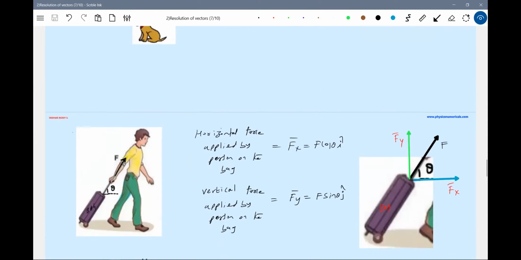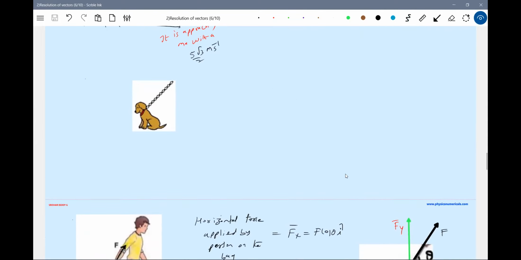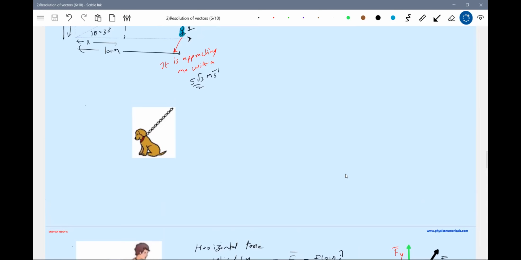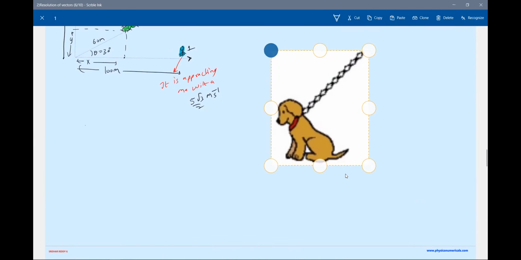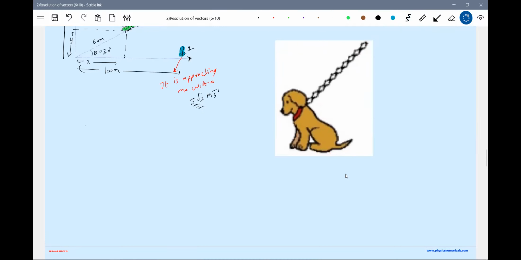Similarly, if a dog is chained, I think I have space, let me explain here only. There's a dog, and it will be chained to a certain wall. The wall is not getting displayed.